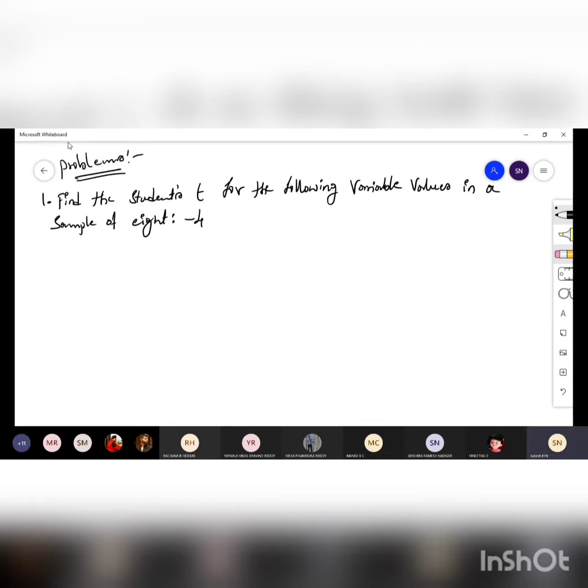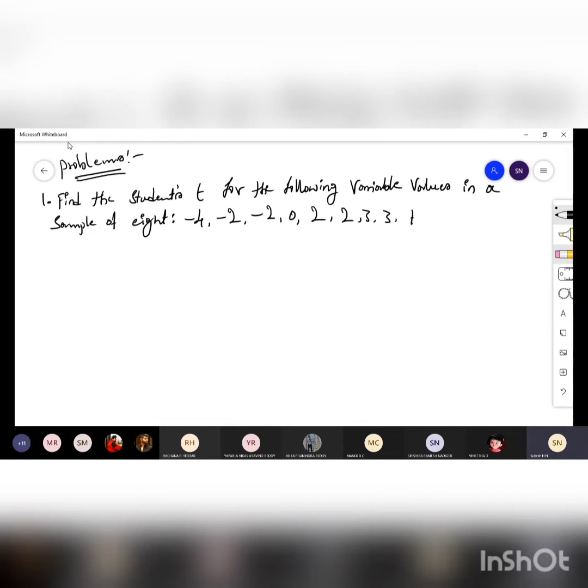So the values they given are like this: -4, -2, -2, 0, 2, 2, 3, 3.